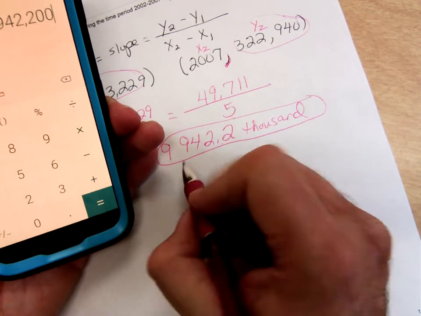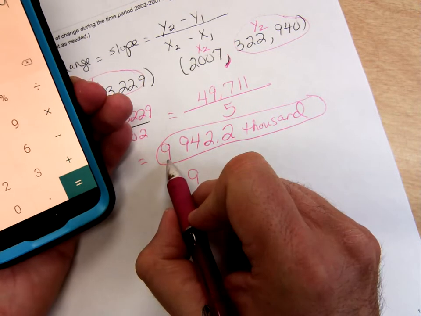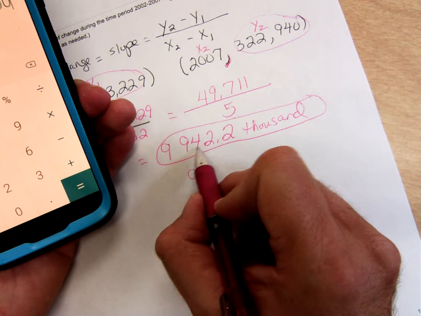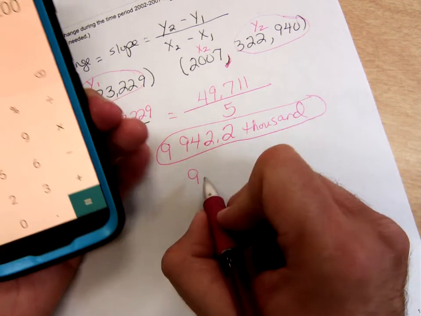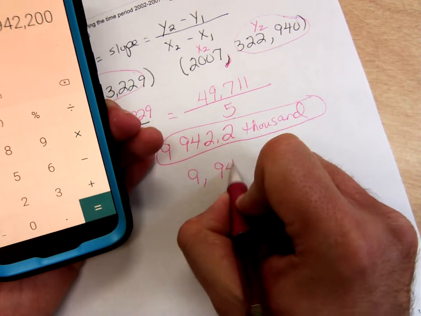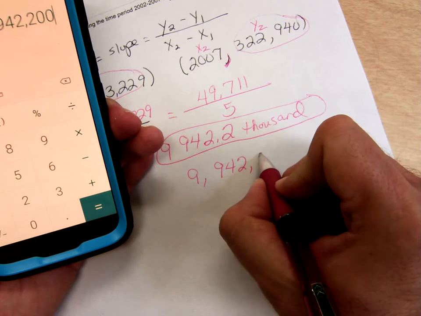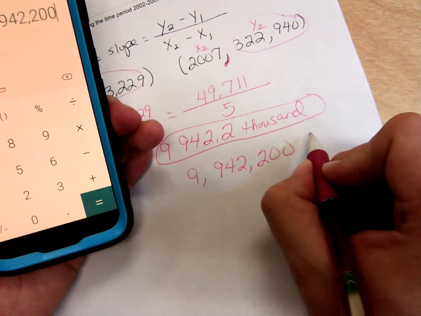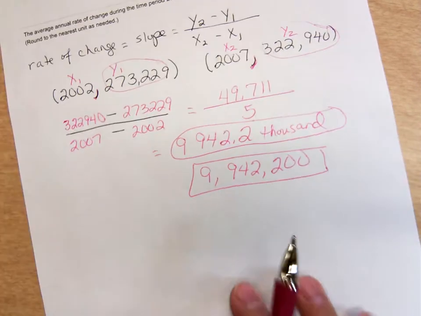So altogether, 9,942.2 thousand is 9,942,200.